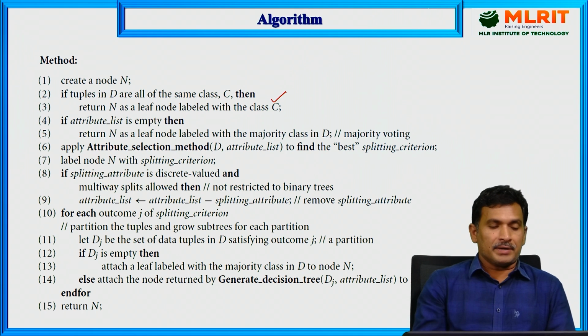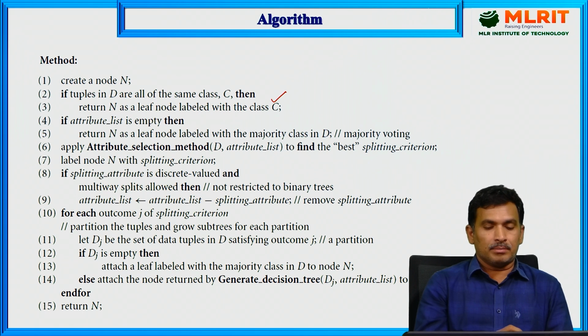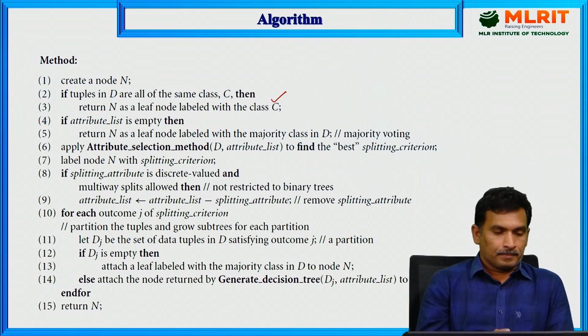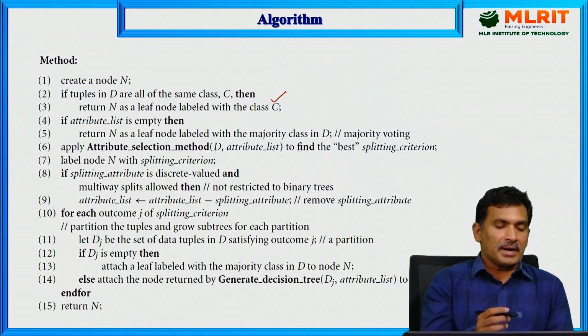Next, if the attribute list is empty, then return n as a leaf node labeled with the majority class in D, based on majority voting. Next, apply the attribute selection method.